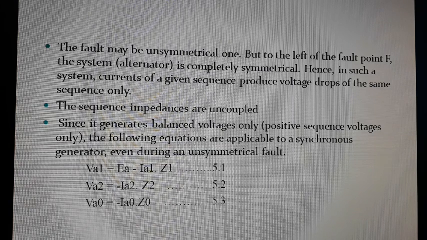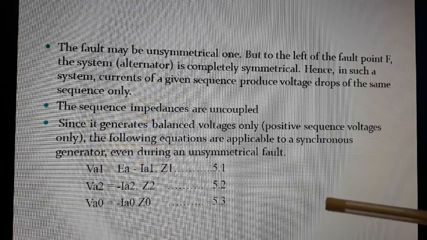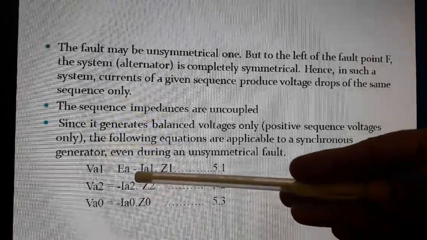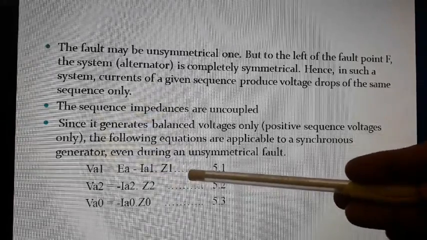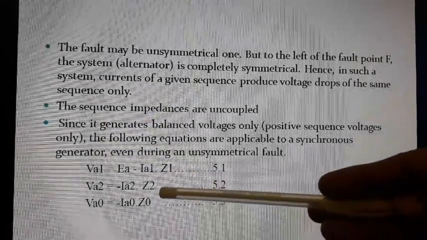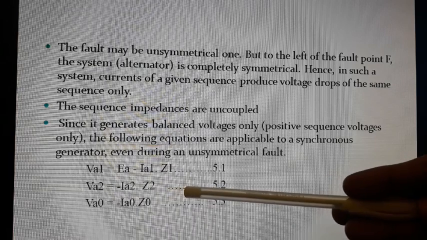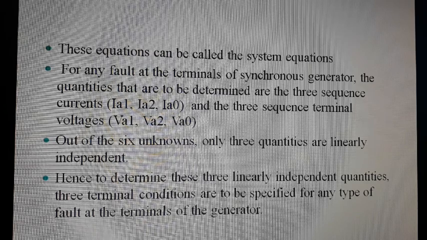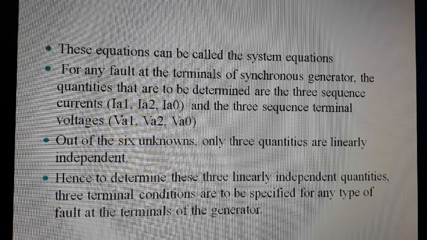Only the positive sequence has induced voltage; the negative sequence and the zero sequence do not have induced voltages. Therefore the equations can be written as Va1 equals Ea minus Ia1 Z1 for the positive sequence, for the negative sequence Va2 equals minus Ia2 Z2, and Va0 is equal to minus Ia0 Z0. These equations, which we call the system equations, hold for any fault at the terminals of a synchronous generator.